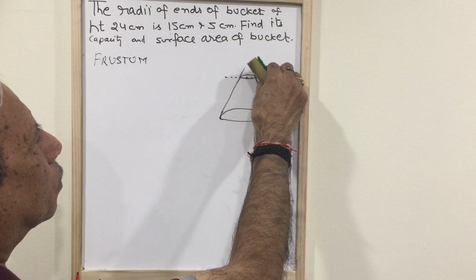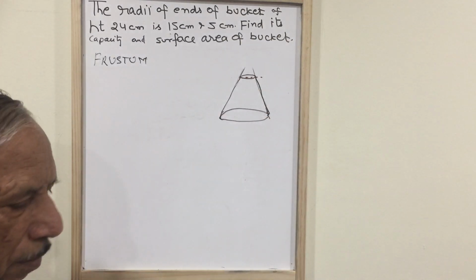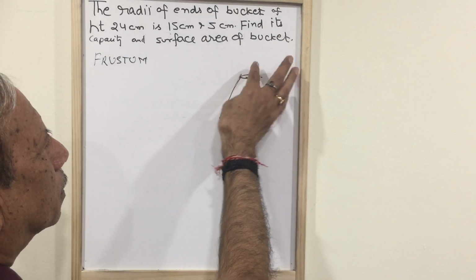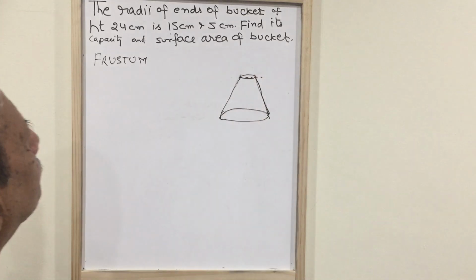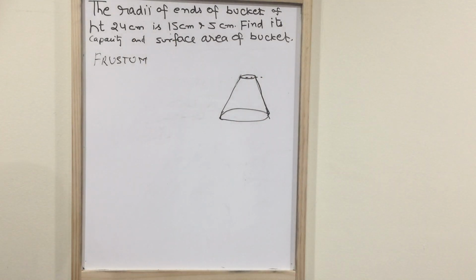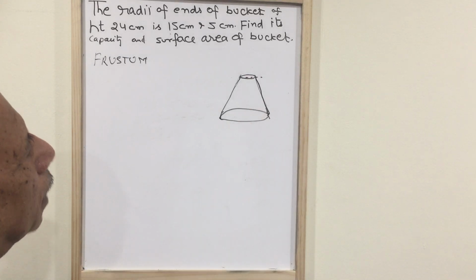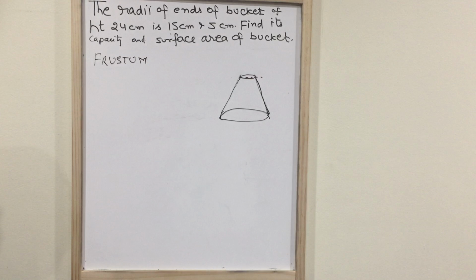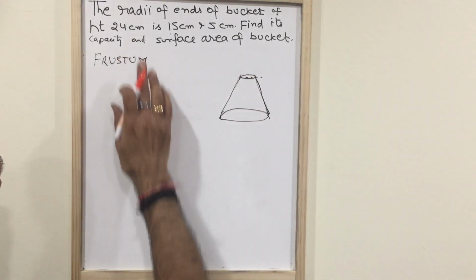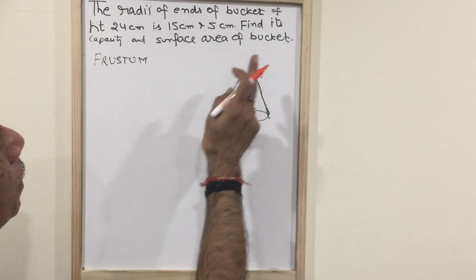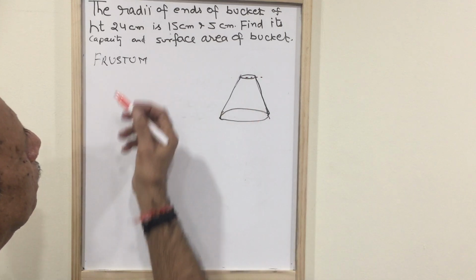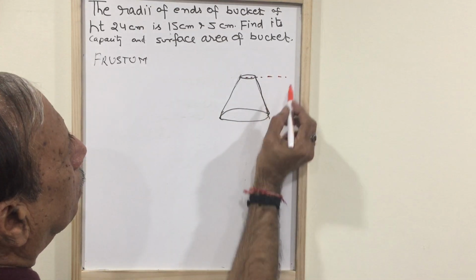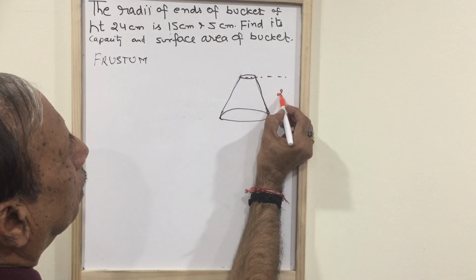So this is a question which refers to this frustum. In this question it is given that the radii of the ends of a bucket, which is inverted, as shown over here, and its height is 24 centimeter.